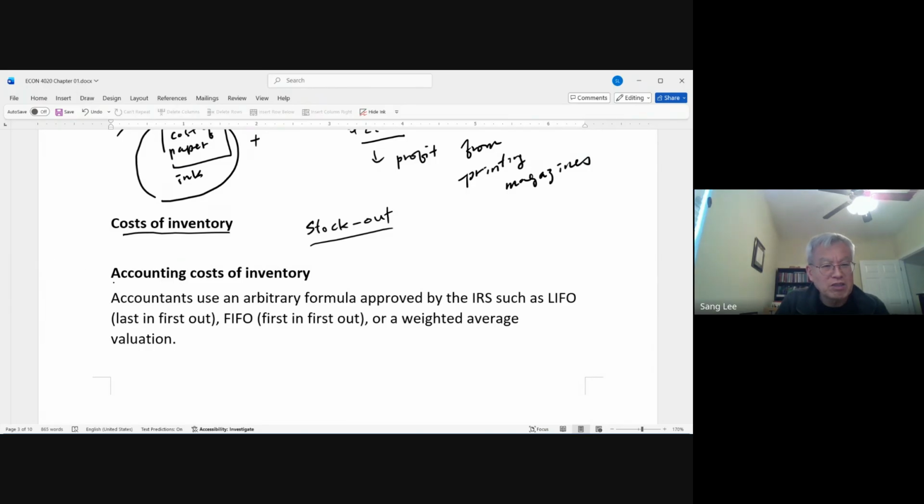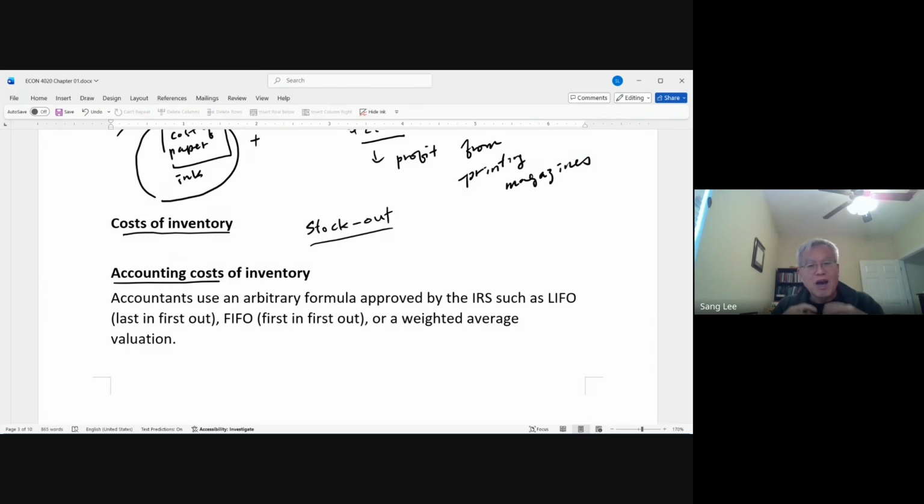Okay. Accounting cost. There are three common ways to figure out the accounting cost of inventory. The first one is LIFO, the second one is FIFO, and the last one is weighted average. Let me tell you this.